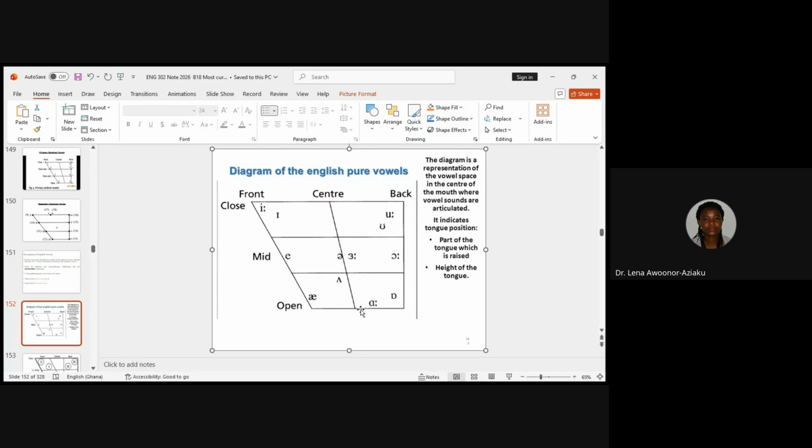It's now becoming more low than before. That's why we said RP is even changing. Even number 3 is becoming more central among the RP speakers. And then we have number 5.